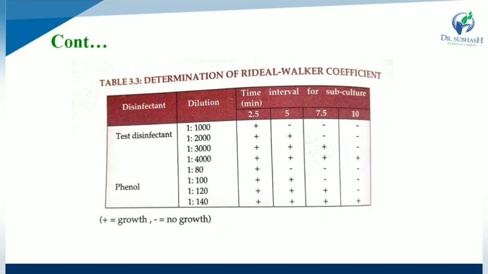In phenol, it is the same: with 1 in 80, microbial growth is present only at 2.5 minutes, but with 1 in 140 you are preparing a more dilute solution, which has less disinfectant activity, and maximum growth is produced.